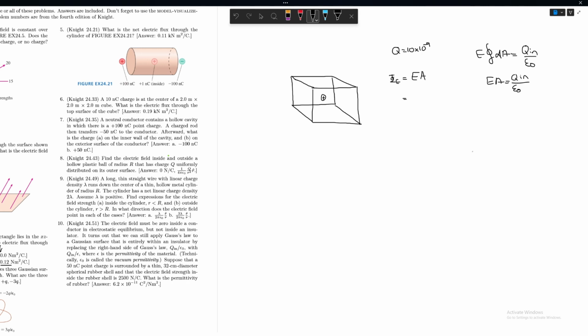And so what this says is that if you give me the electric field at some point and area, then I'll tell you what the charge is. And so that's Q_in. I just subbed the whole thing in.